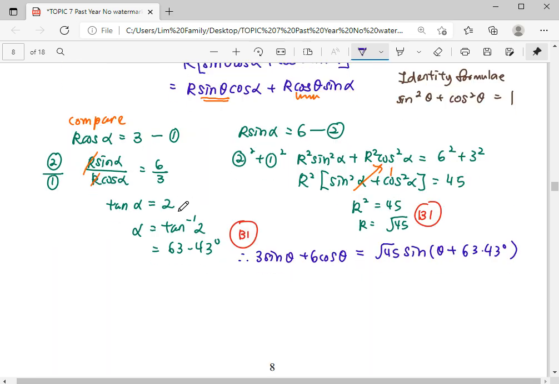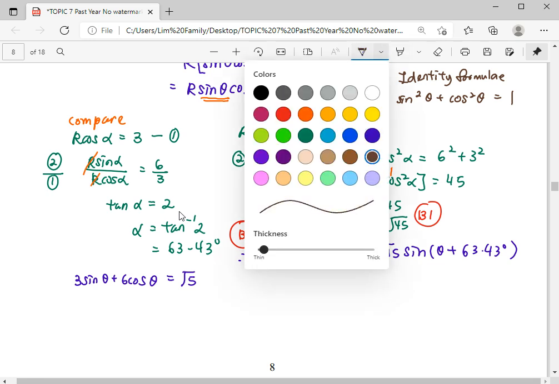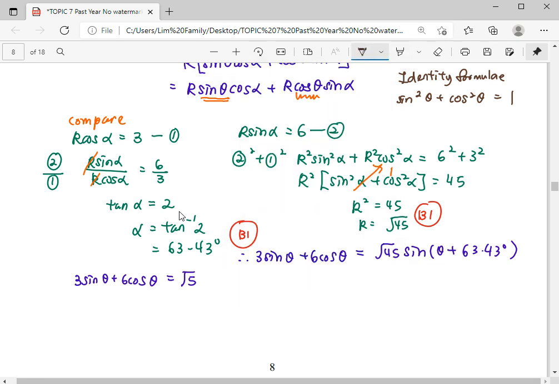So for solving, when our question is 3 sine theta plus 6 cos theta equals 5, how do we solve this? We must achieve a format of trigo, angle, value. If you want to solve trigo, we must have trigo with the angle in the bracket equal to a value.